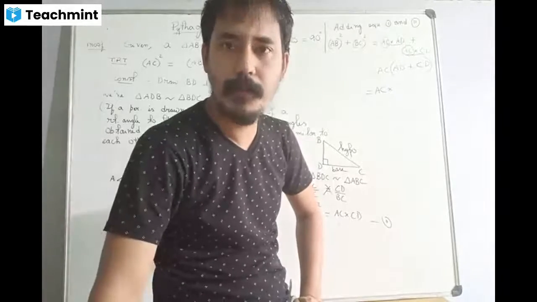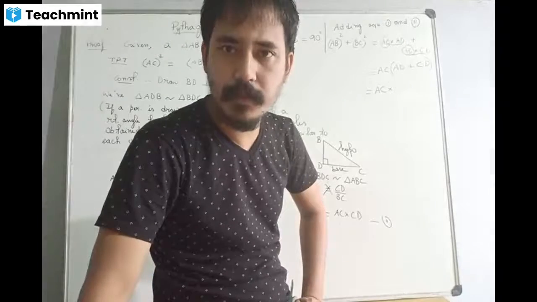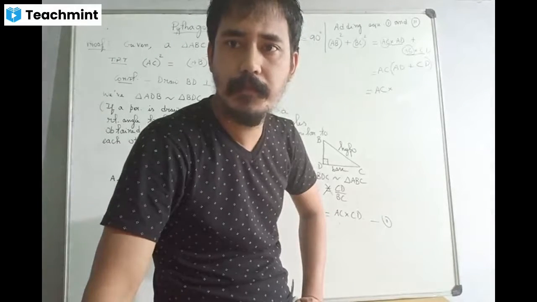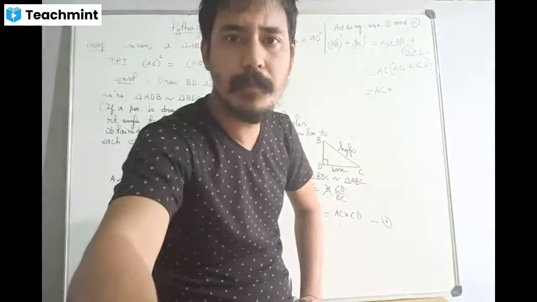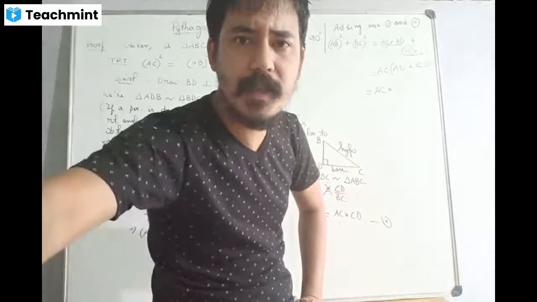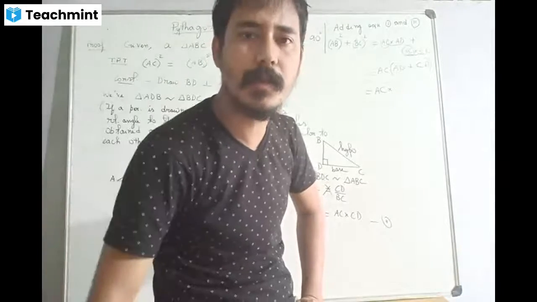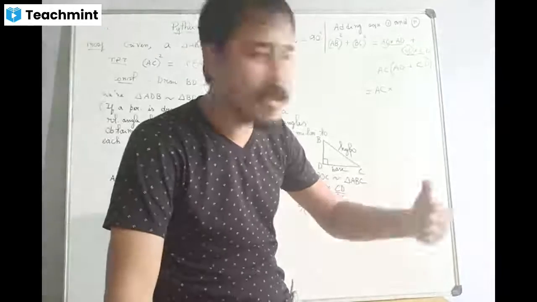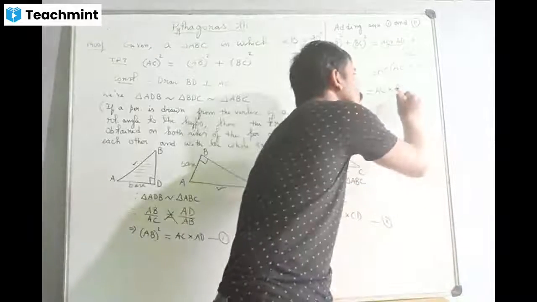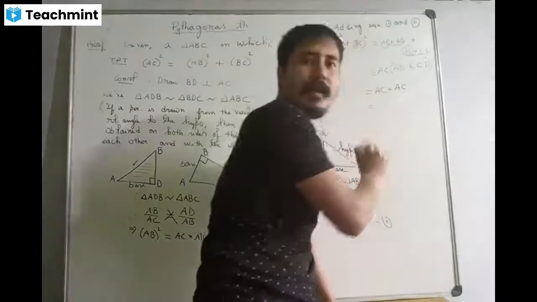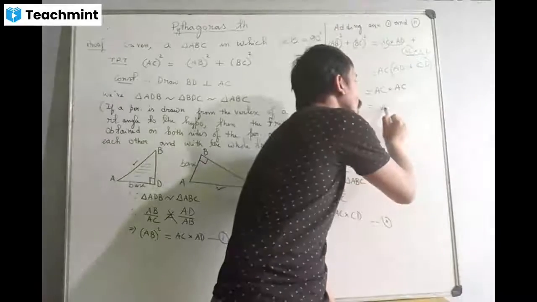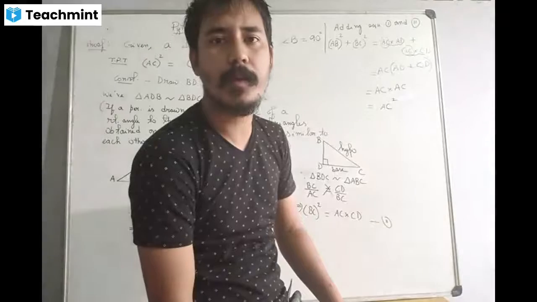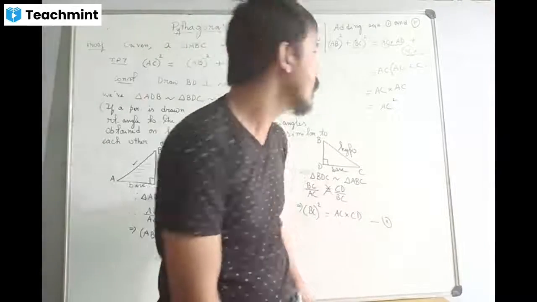AD plus CD gives you, yes, only one student commented. So AD plus CD gives you AC. So AC into AC will be now AC squared.